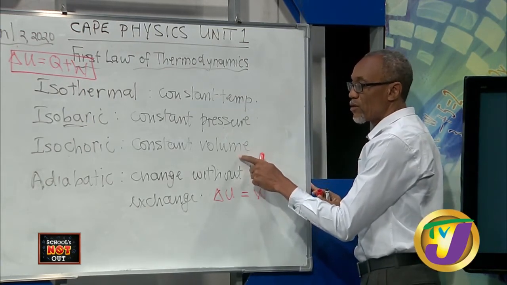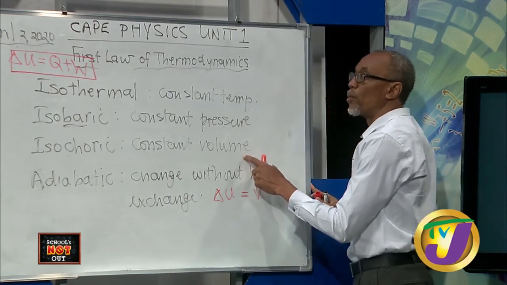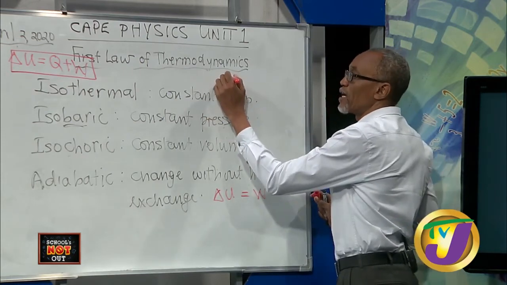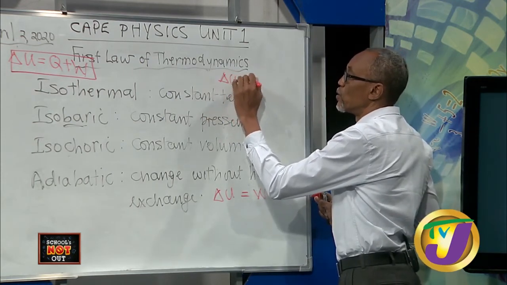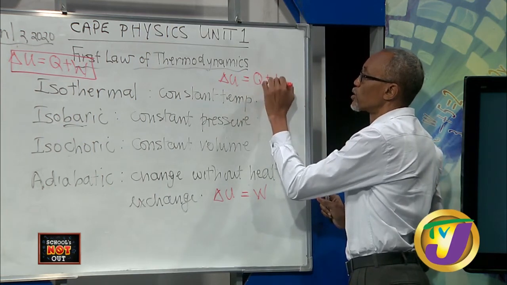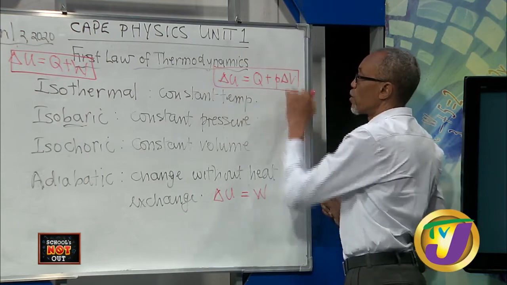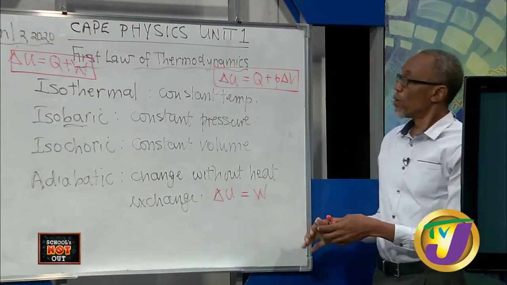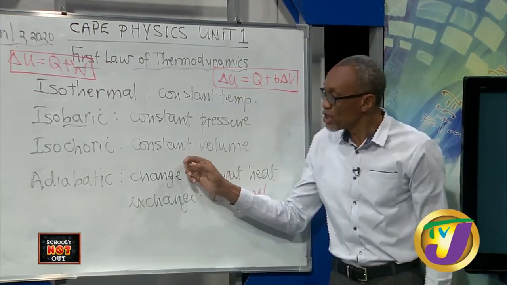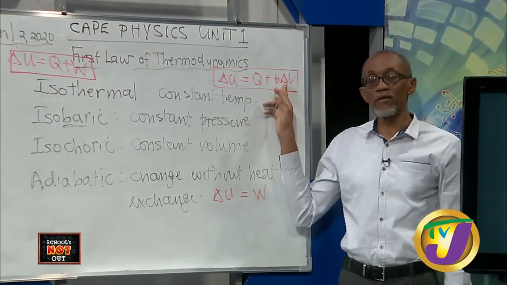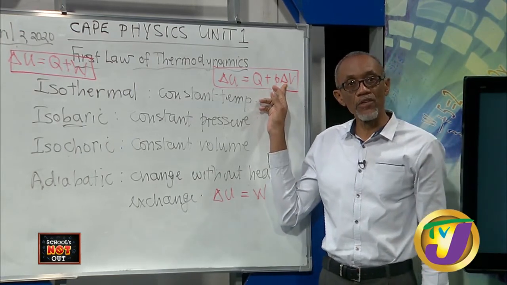In an isochoric change where there is constant volume, you remember again we'll write the equation delta U is equal to Q plus P delta V. Right? Here is our equation. Now, remember, if there is no change in volume, then delta V is 0.